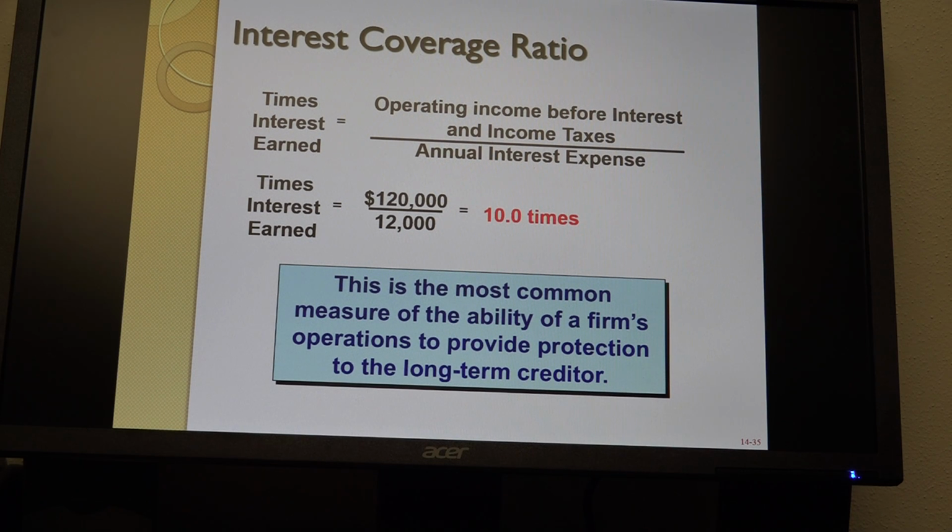And so times interest earned is your operating income before interest and income taxes, and dividing that into your annual interest expense. And so the bottom line is you want this number to be higher rather than lower. The more times that your operating income can pay interest expense, the better. Provides more assurances to long-term creditors.